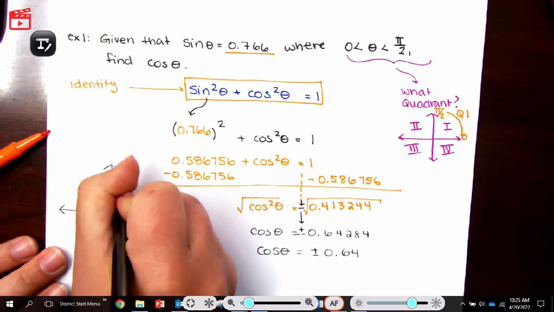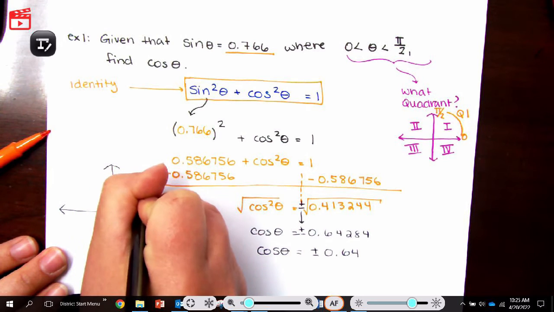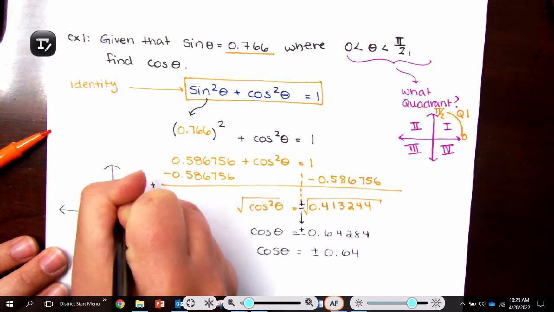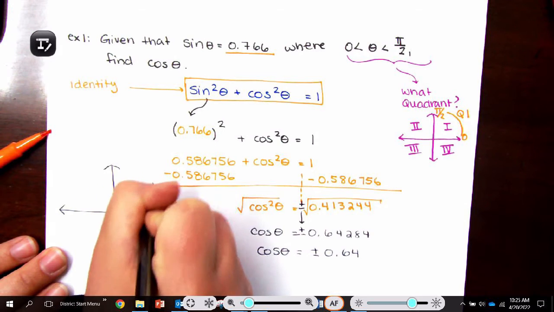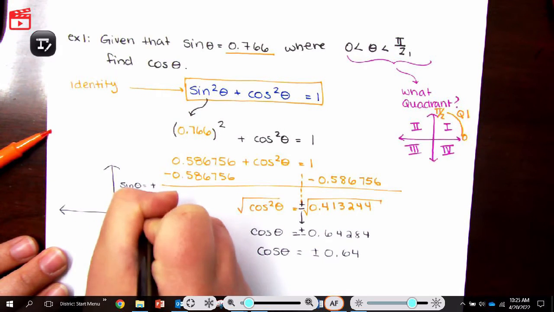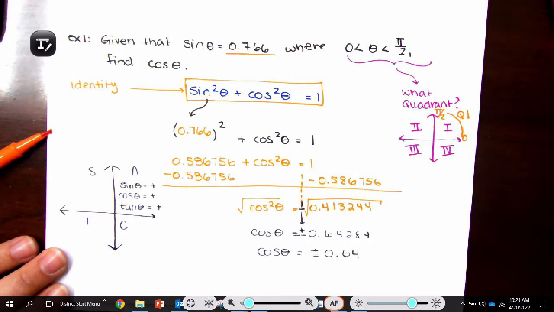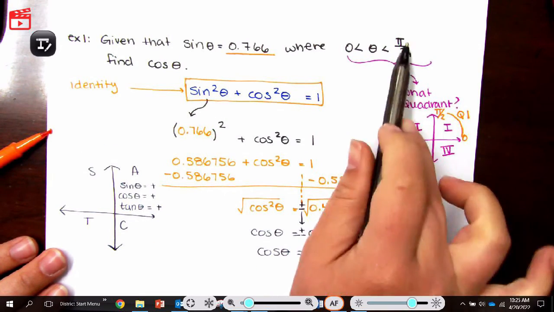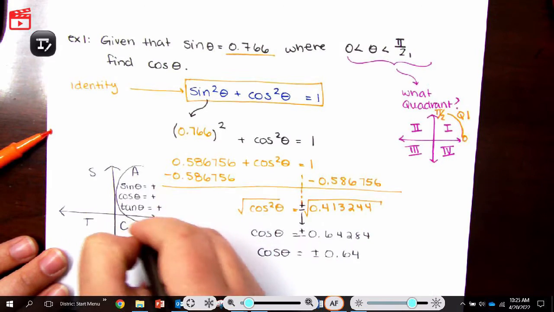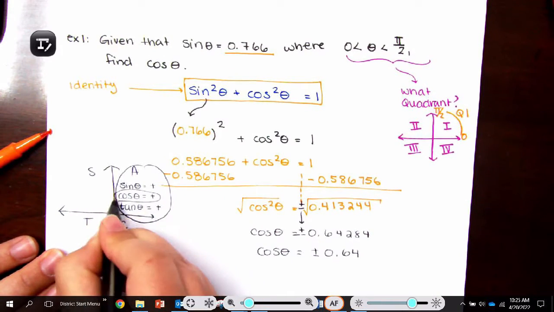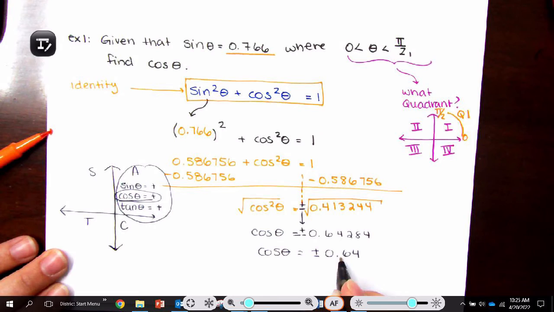So that means sine of theta is positive, cosine of theta is positive, and tangent of theta is positive. This is all students take calculus. So because we are in quadrant 1, that means your cosine of theta has to be positive.